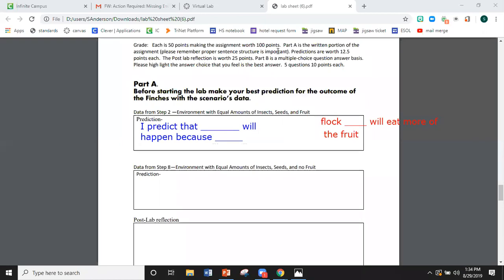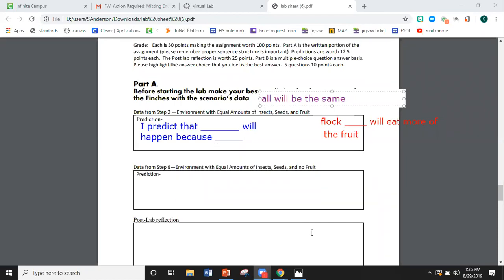Do you think that all will be the same? What do you think? You make your prediction. Okay, your students have given you some examples in the chat box.